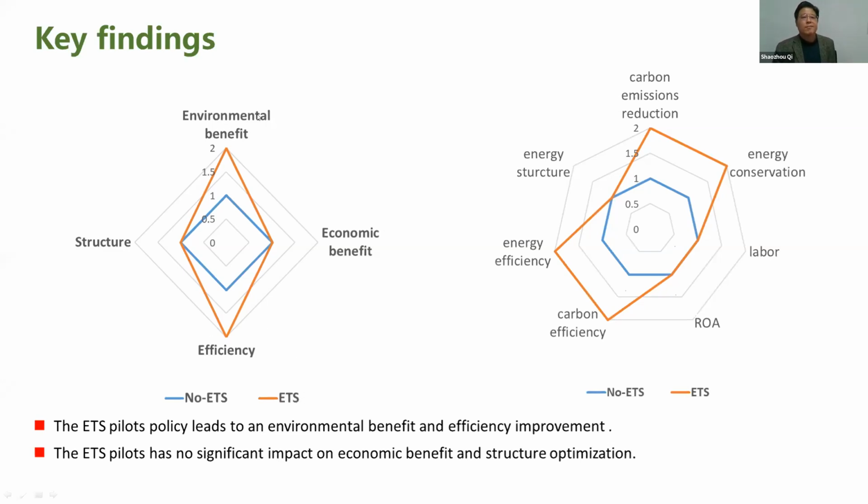In terms of the environmental benefit and the efficiency, the ETS pilots are very significant, but the economic benefit and structure are not significant. But at least the ETS pilots did not damage the economy and energy structure in the ETS pilot regions.